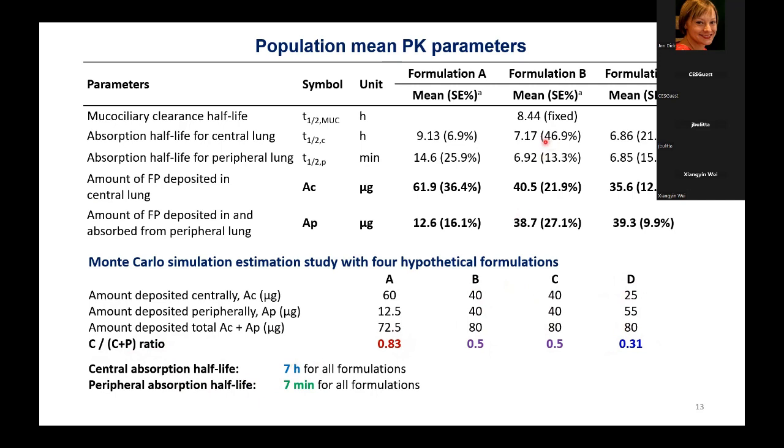The absorption half-life from central lung was taken to be 7 hours, and from peripheral lung 7 minutes, as for formulations B and C above. This may differ a little bit between formulations, but we simplified at this point. I would like to point out that the alpha half-life from IV drug disposition was 13 minutes, so close to the 7 minutes, and the gamma disposition half-life was 10 to 11 hours, again similar to the 7 hours here.